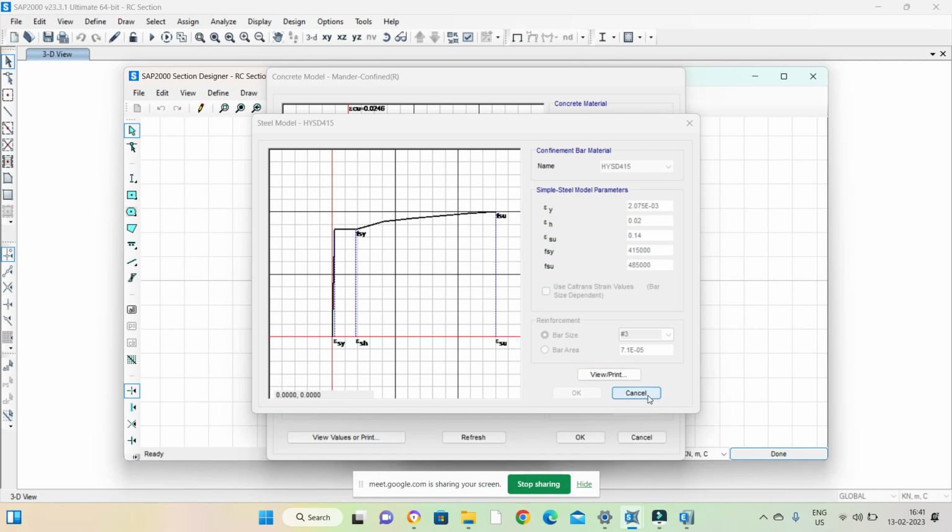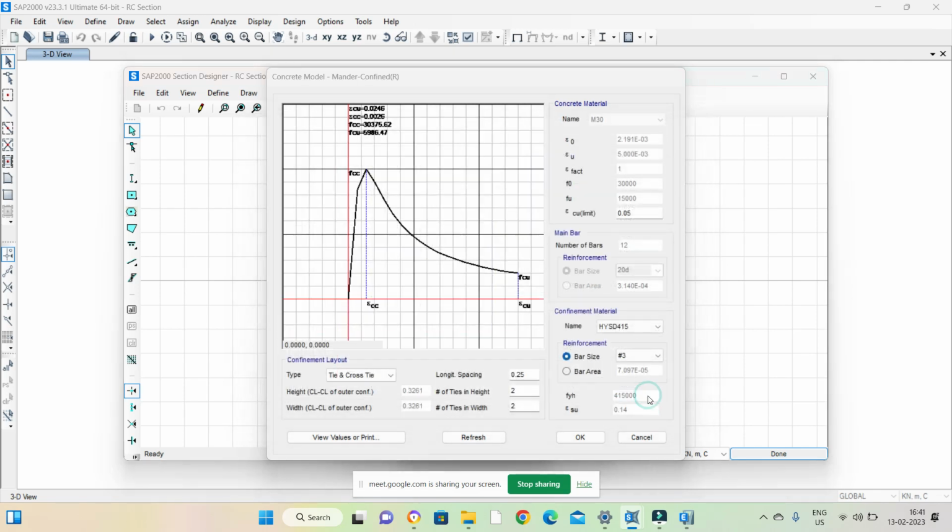Sir, it was given bar dia 16 mm for the T section, and for the slab reinforcement, it was given 12 dia at the rate 150 center to center. Bar dia 16 for flange section, that was main bar, right? Yes, sir, main bar.